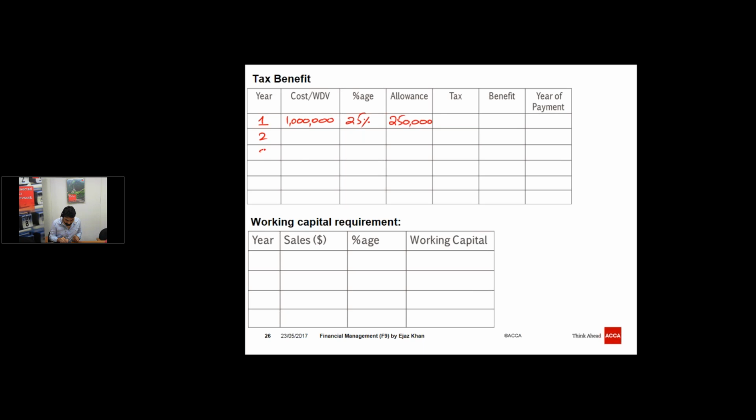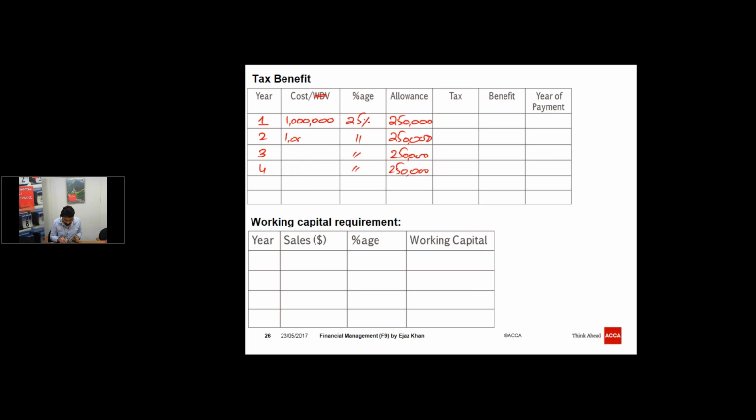Since it's a straight line method, every year the capital allowance will be the same, 25%. In the subsequent years, again, we won't take the WDV, because on a straight line basis, the rate applies to the cost every year.